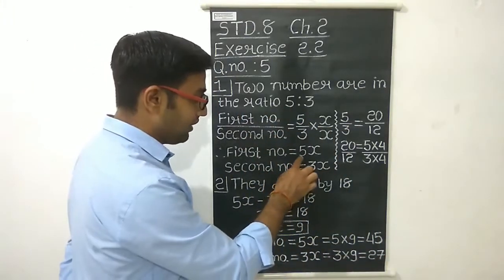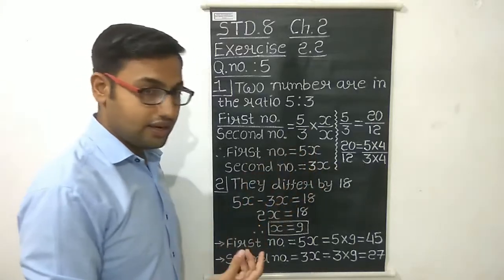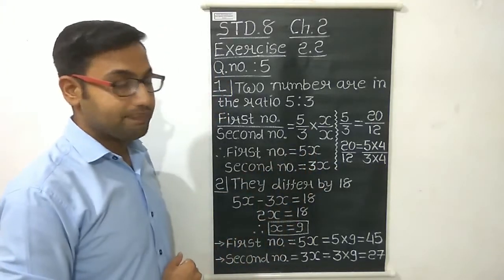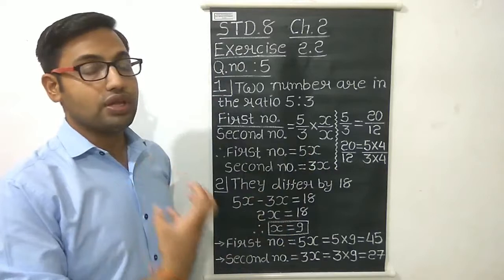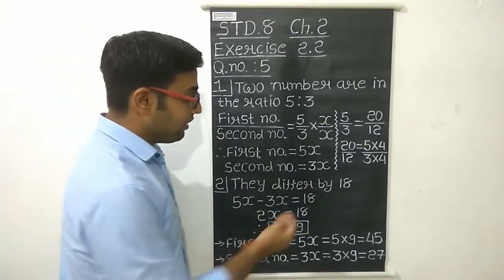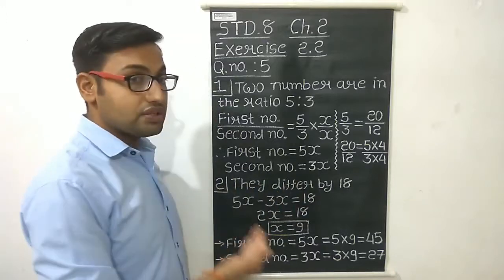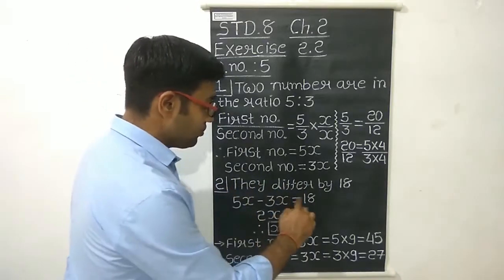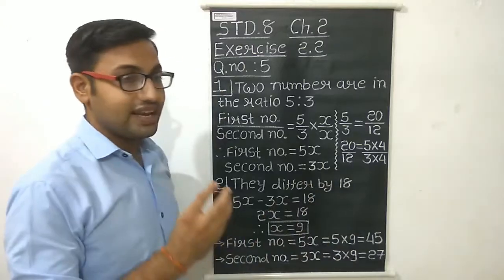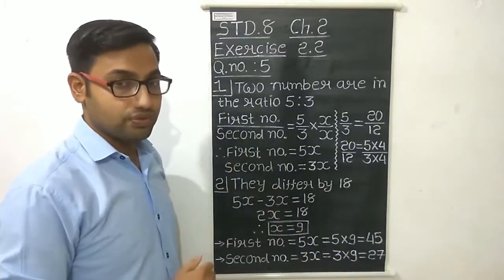So now we can notice that 5x is the greater number and 3x is the smaller number, right? We have to think logically: why do we take 5x minus 3x and not 3x minus 5x? Because the difference of both numbers is given as 18 and 18 is positive.